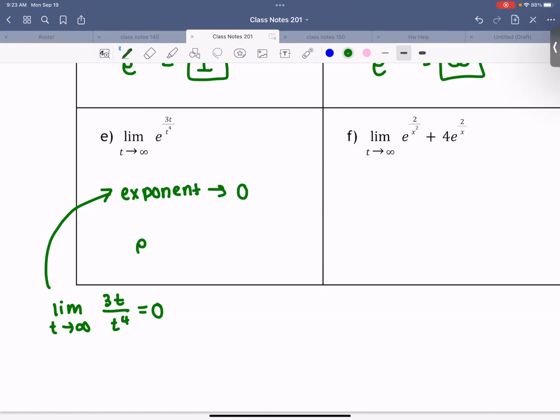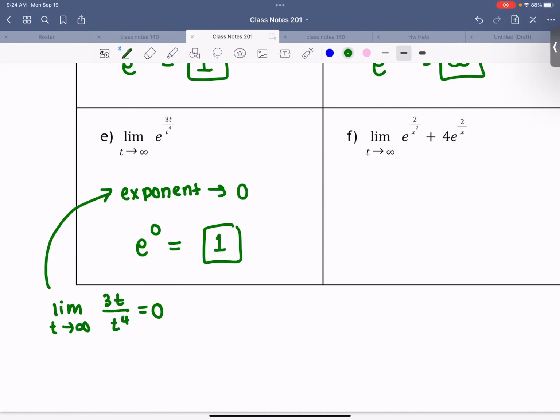Okay, so e to our 0 power is what number? 1, good. So e to the 0 power is 1. 1 is our answer. Any questions on letter E? Does it make more sense when I phrase it as the limit instead of the exponent going to something?